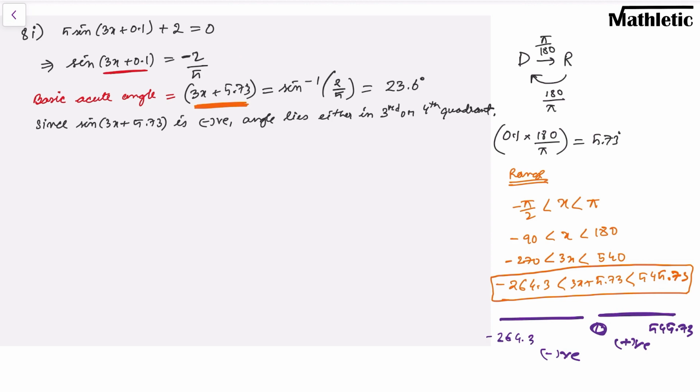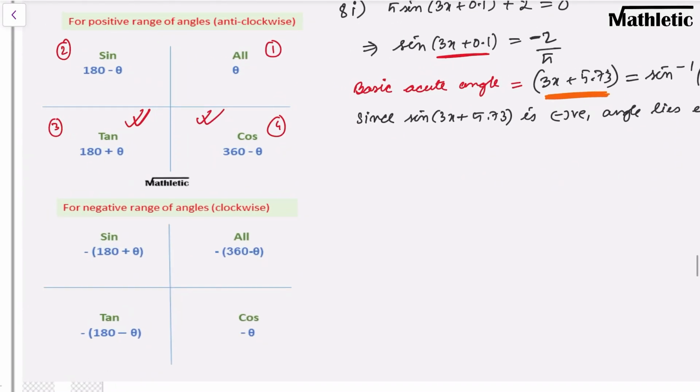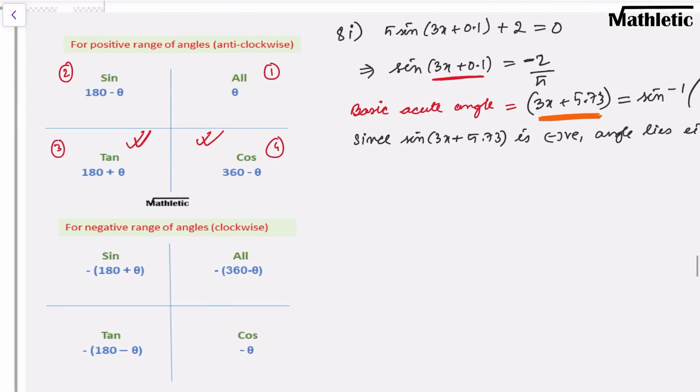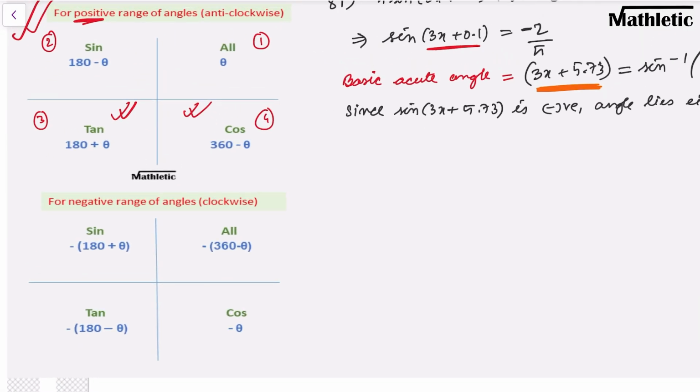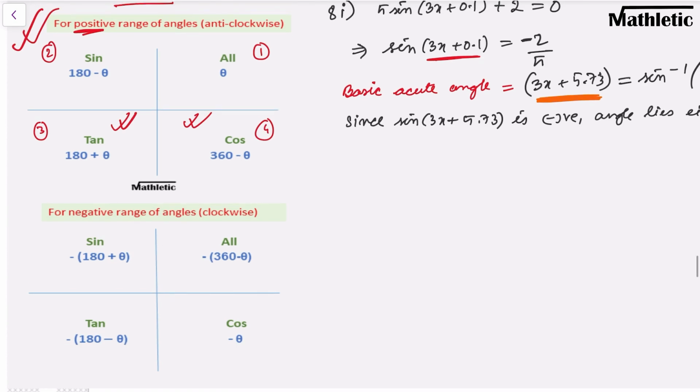So like I said, our quadrants were third and fourth, right? So this is the formula that we will be using. This first part is applicable for the positive range of angles, as in 0 to 545 something, and the second portion is applicable for the negative angles.